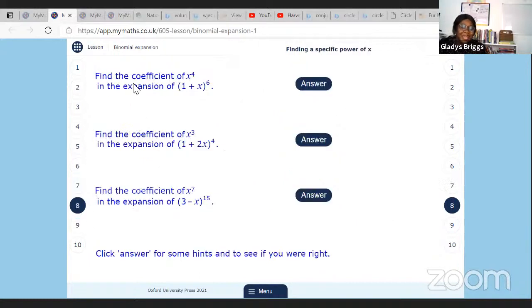Okay, so right. You need to use the method of combination this time to work out the coefficient of x to the power of 4 in the expansion of (1 plus x) to the power of 6. So you need to expand this now to the 4th term.